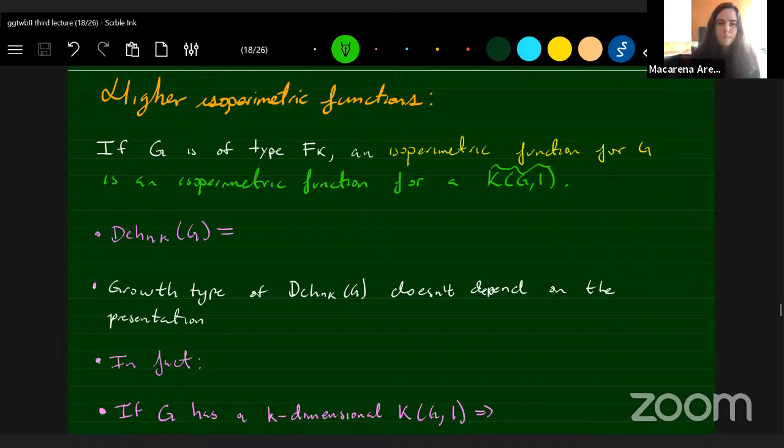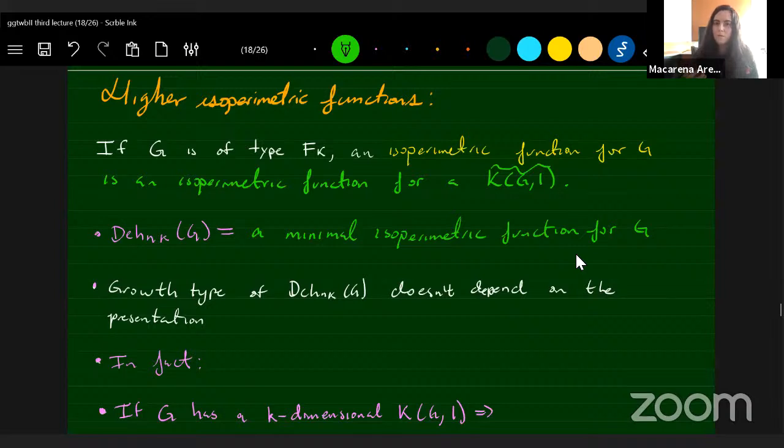Okay. So we're going to say that the kth order Dehn function is just a minimal isoperimetric function for G. Now the growth type of the Dehn function, again, does not depend on the presentation.